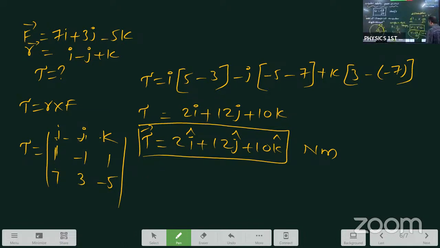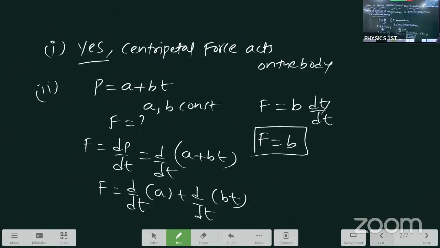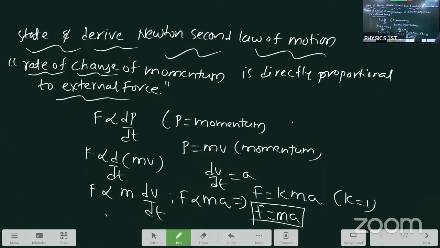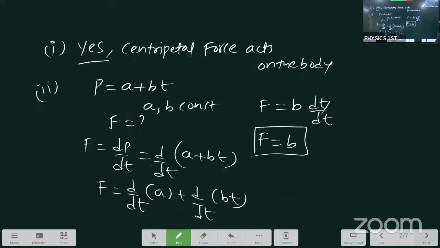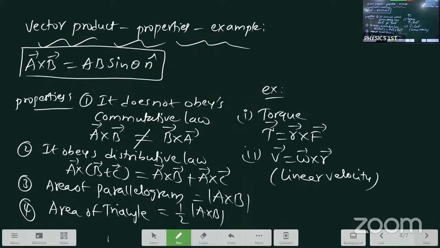Today, I finished system of particles and rotational motion. The first question from laws of motion has a 50-50 chance. Second, the difference between center of mass and center of gravity is from rotational motion. Next, vector product properties is question number 2 from rotational motion.